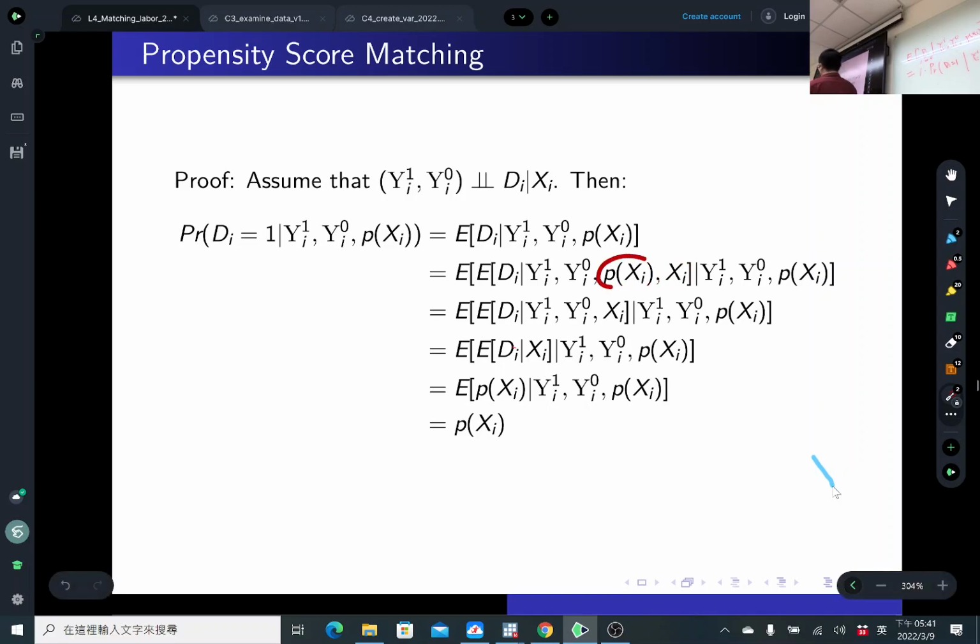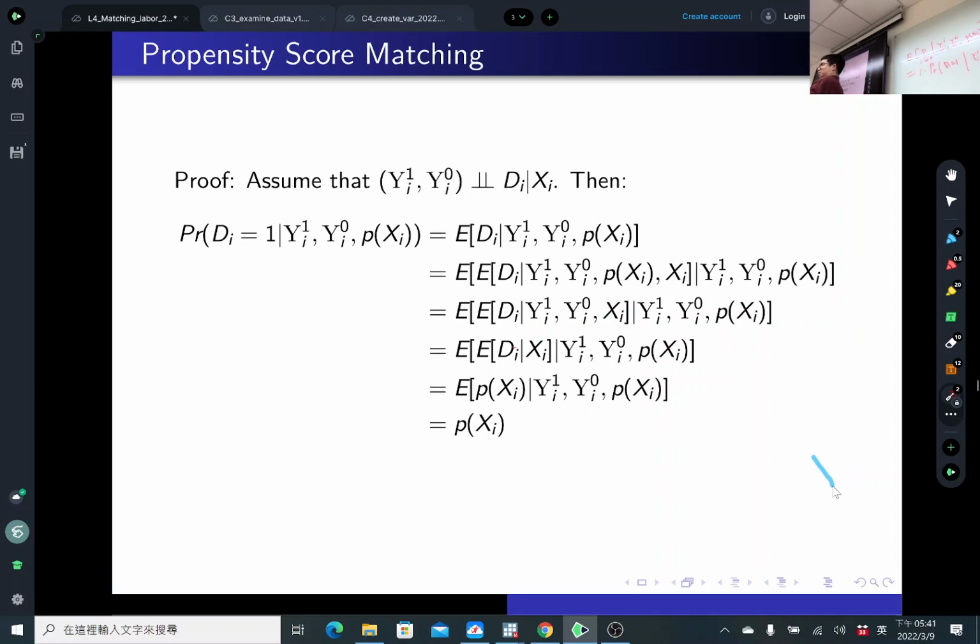You don't need to control the propensity score because the propensity score is a function of X. So you don't need to control this. And finally, this one is equal to this one due to the CIA assumption, because conditional on X, the value of potential outcome is already controlled.